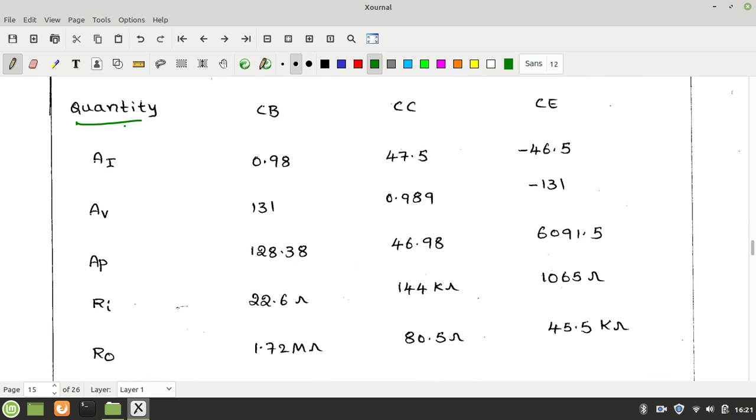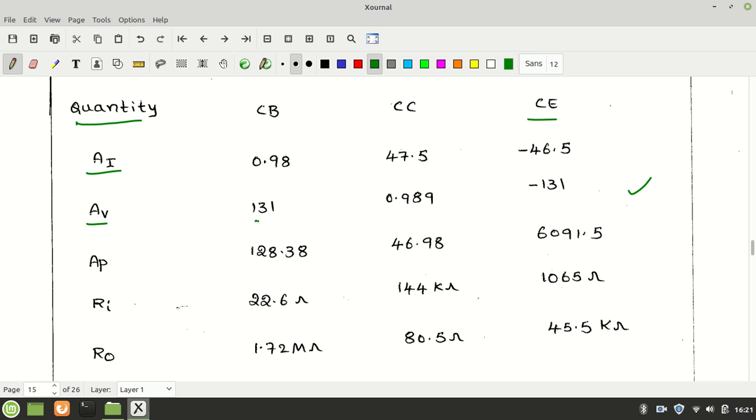All the quantities can be found out experimentally. I have already said what values you can get from this table. See the common emitter, why I have always supported the common emitter, because it has high voltage gain and also high current gain.